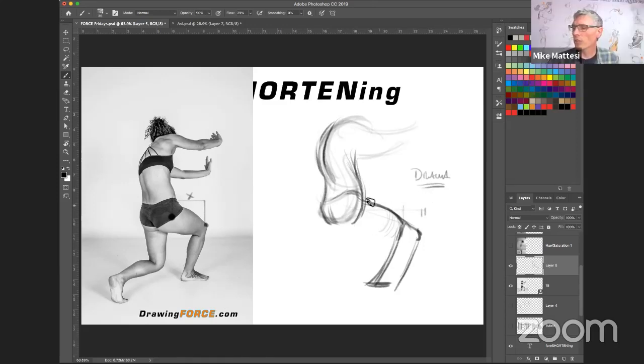So the proportion question, I think we'll do probably a full hour on proportion at some point. There's a lot of different tools that help me track proportion. One of them I've mentioned today is this whole idea of X and Y. You just want to be aware of how tall things are relative to how wide they are.